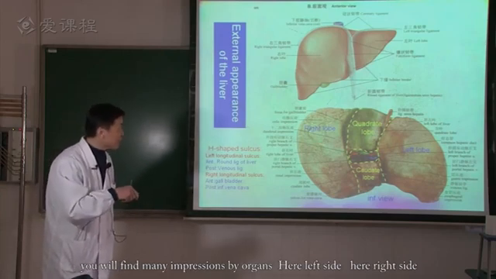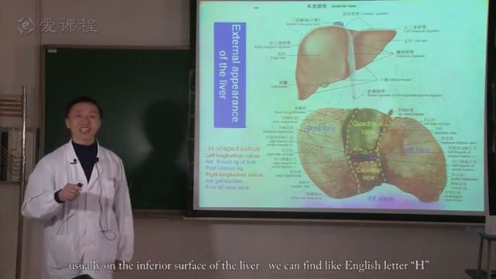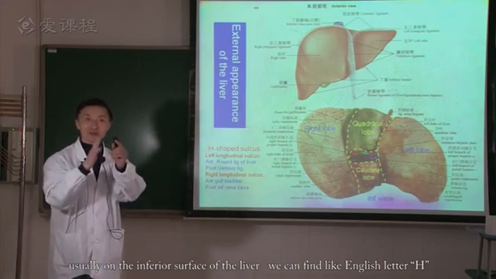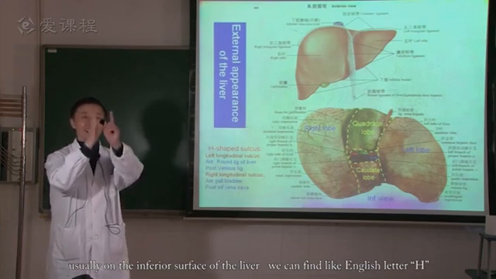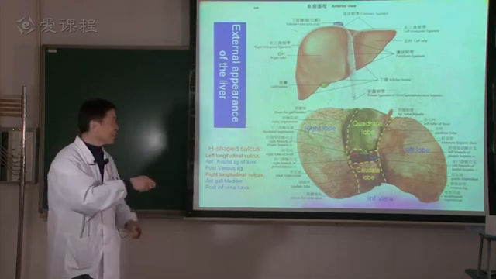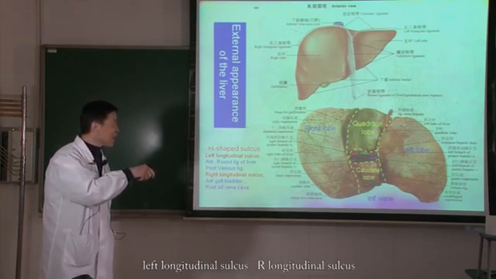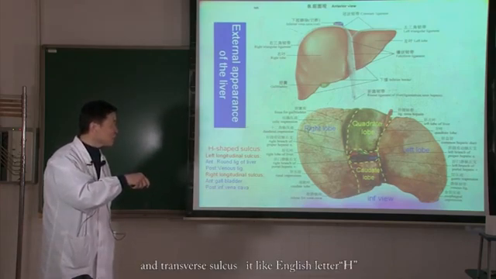Here left side, here right side. Usually on the inferior surface of the liver, we can find something like an English letter H: the left longitudinal sulcus, the right longitudinal sulcus, and the transverse sulcus.